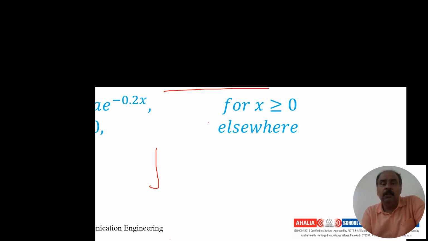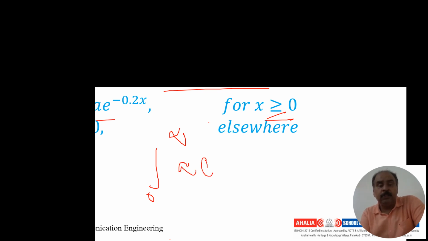Integral for all values of x greater than 0, only then we have these values. Integral 0 to infinity a e raised to minus 0.2x dx is equal to 1.